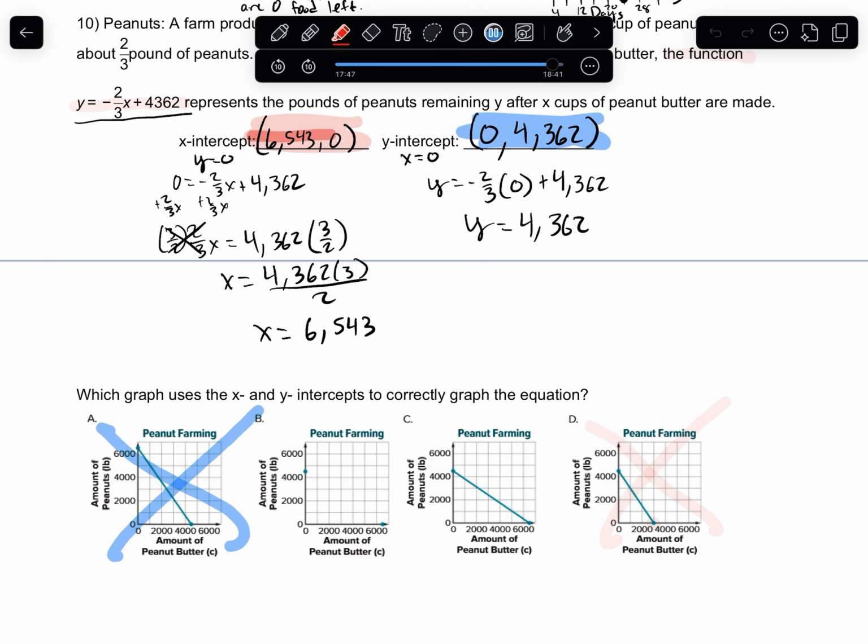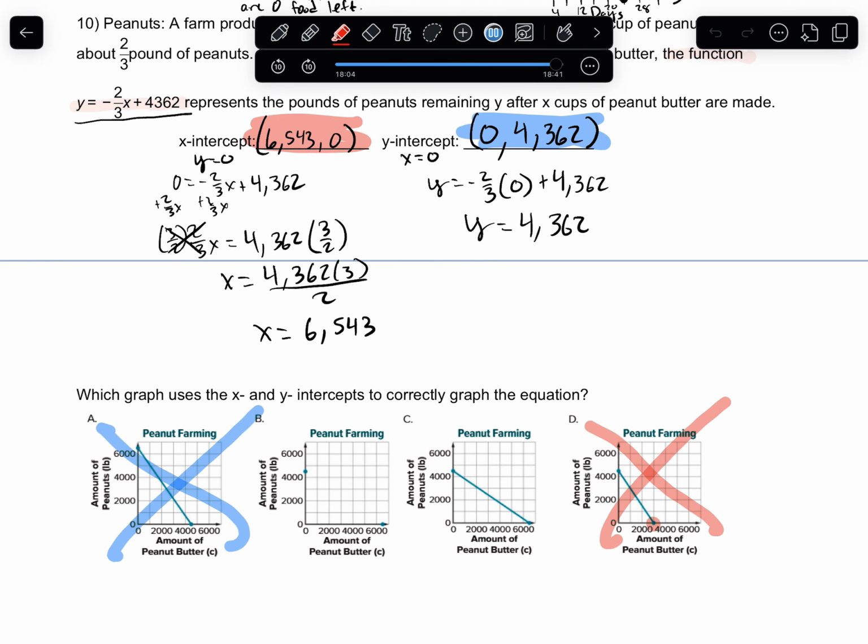But for my red, starting from the origin at 0, 0, I'm moving to the right 6,543. So it looks like it's not going to be this one because it's falling short here.